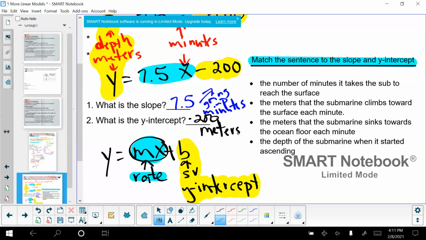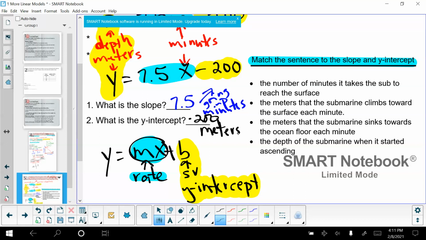Now I'm going to look at these answer choices over here because I'm going to try to match which one of these four answer choices goes with the slope, which one of them goes with the y-intercept. And realize I'm looking at something that's talking about going up over minutes for the slope and something that's talking about being down below sea level for meters for the y-intercept.